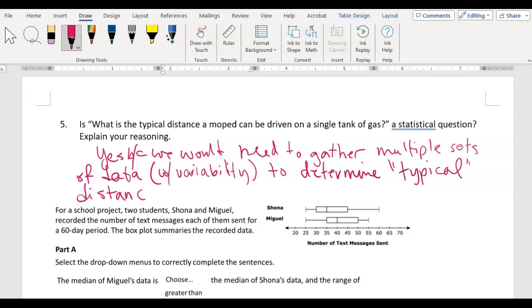And that would depend, each moped is going to have a different size of tank of gas, is going to have different fuel efficiency, and so we will get some variability in that.